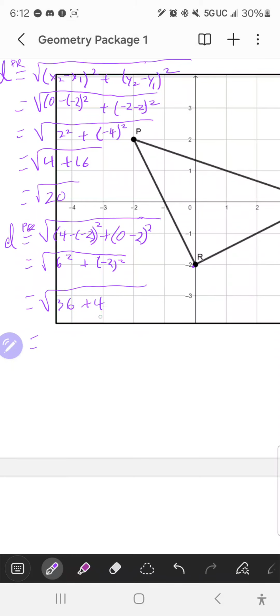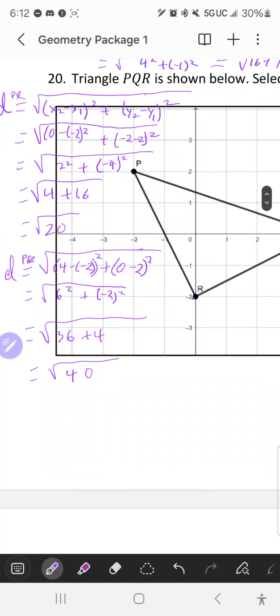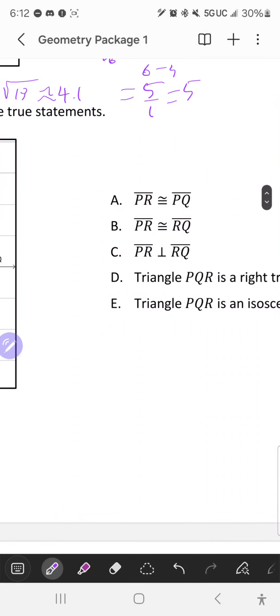So 36 plus 4 is 40, so this is the square root of 40. And as you see, they are not equal. PR is not equal to PQ, so this is false.